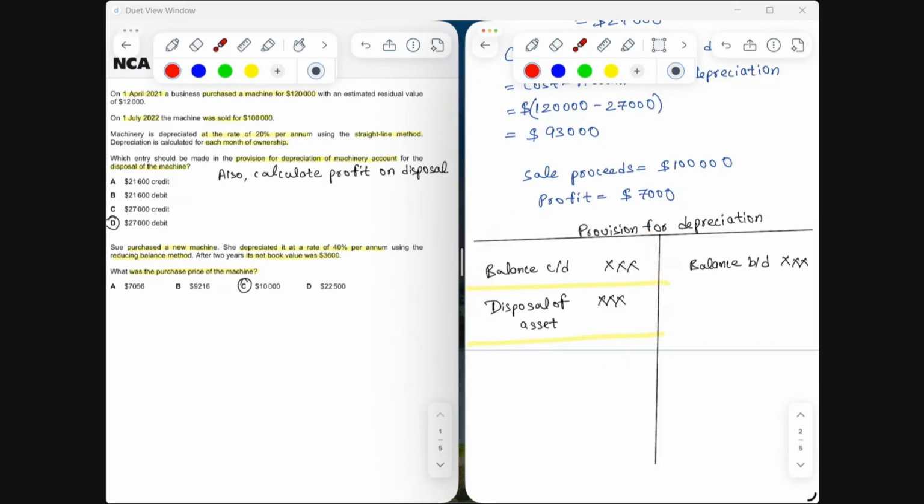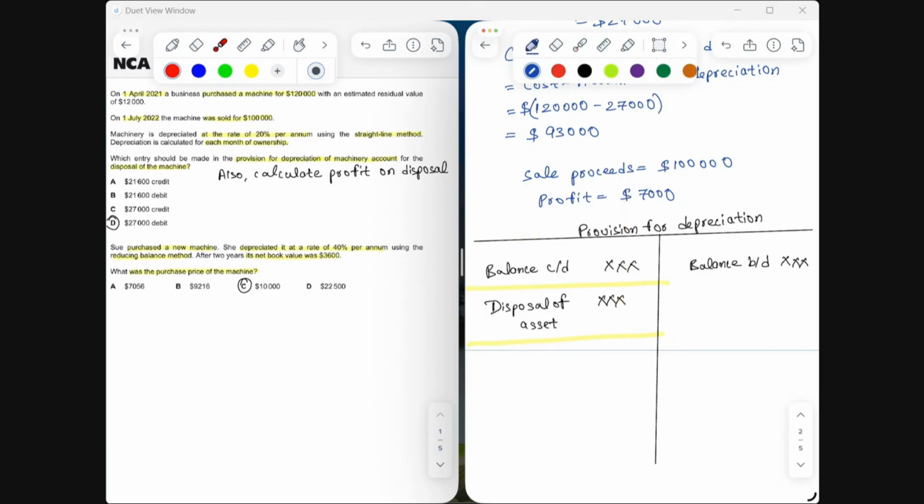So does that not mean that the disposal of asset should definitely be recorded on the debit side, and the total provision for depreciation for the asset which we disposed was $27,000?